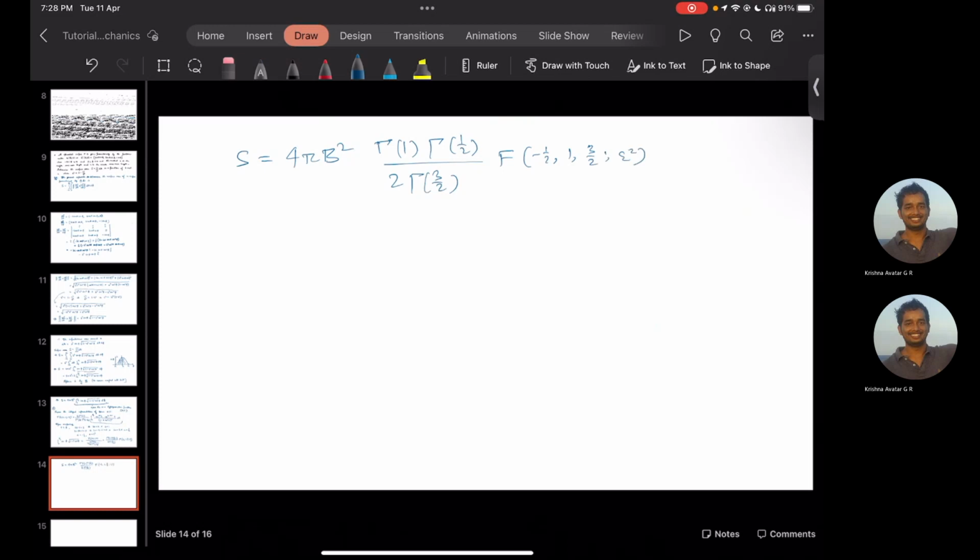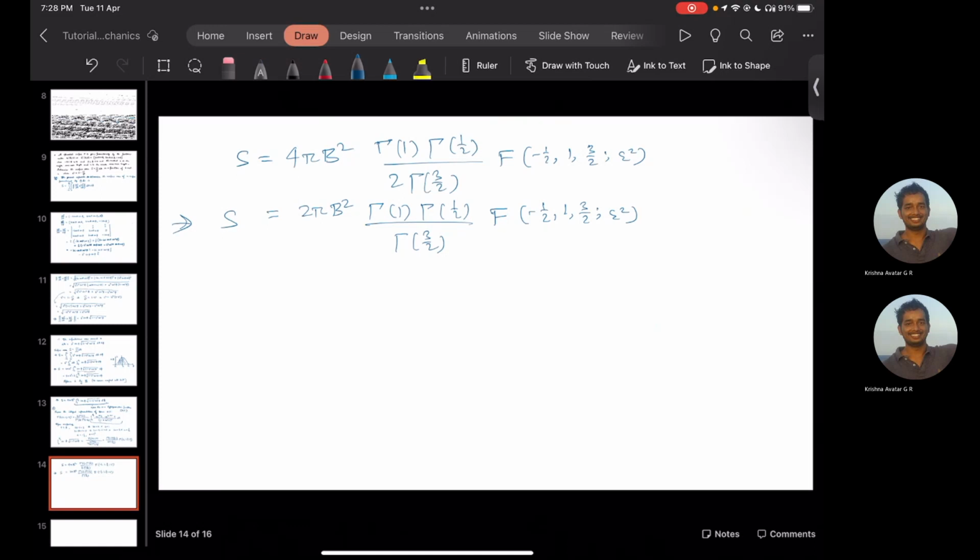And what you see here is this cancels out to give us 2 pi b squared gamma of 1 gamma of half by gamma of 3 by 2 into F of minus half, 1, 3/2, epsilon square.